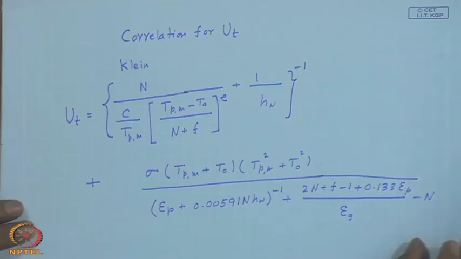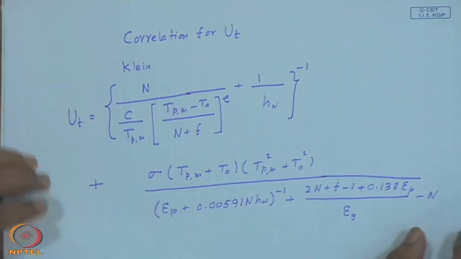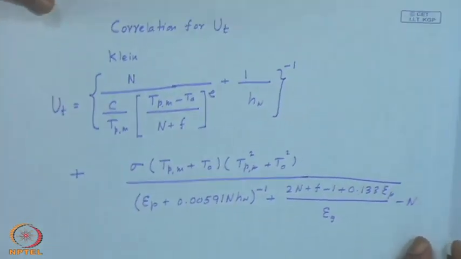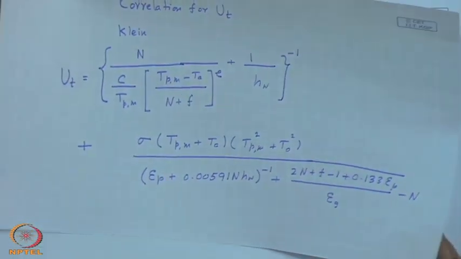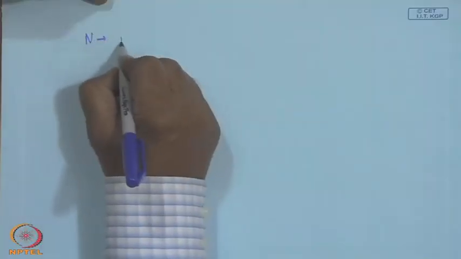Okay. So, this looks like a really difficult relation. I am not sure whether the iterative procedure takes less time than this relation, and it is not all, where of course n is the number of glass covers.